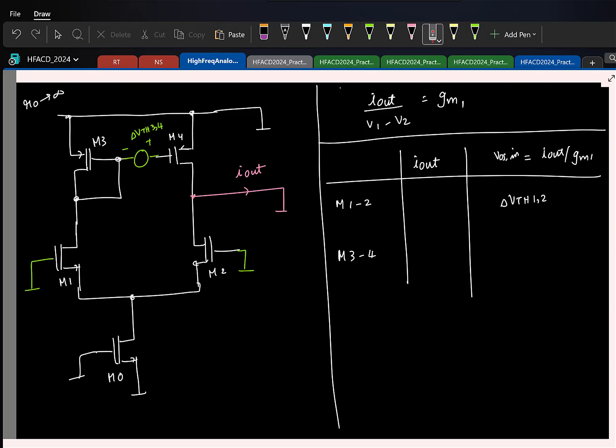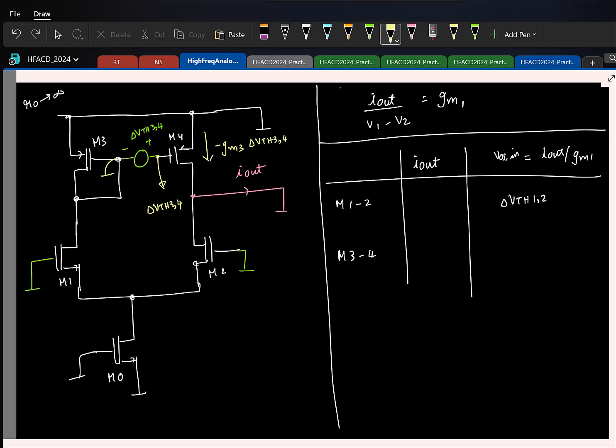Now what you are saying is, if this was incrementally 0 earlier, now this gate voltage is at a potential delta VTH34. So what is the small signal current it will draw? Can you be careful with the signs? It doesn't matter, but minus GM3, let's say GM3 delta VTH3.